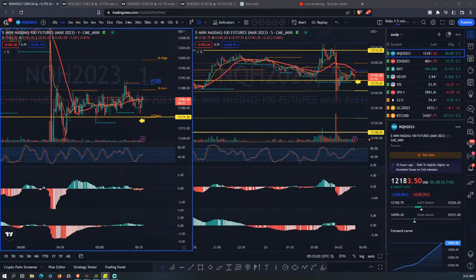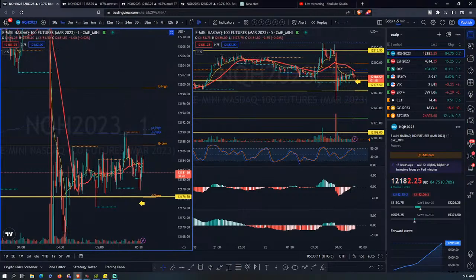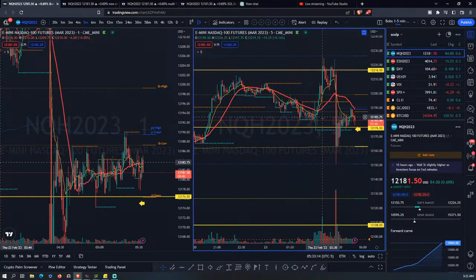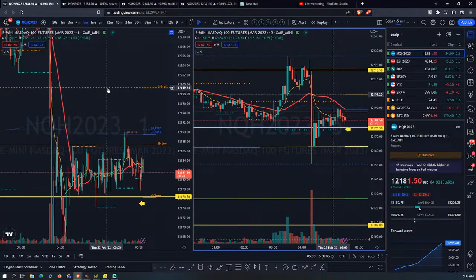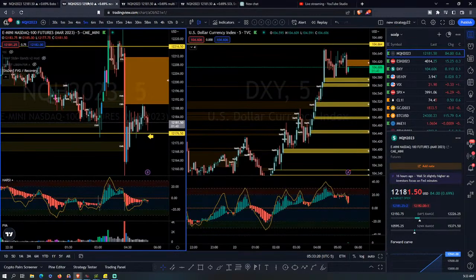The whole point, I'm moving my charts around so I can trade a little more efficiently. I'm gonna leave the TradingView ones over here. And let's get rid of this. How was I trading?